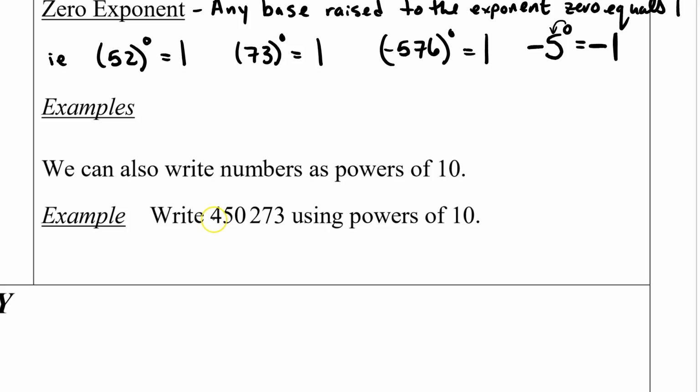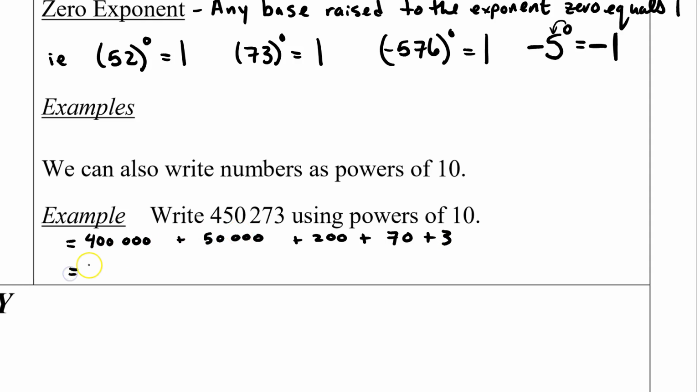The way that we can step it out a little bit is we can say that it's 400,000 plus 50,000 plus 200 plus 70 plus 3, just so that we can have different powers of 10.